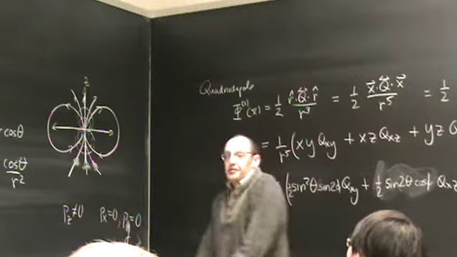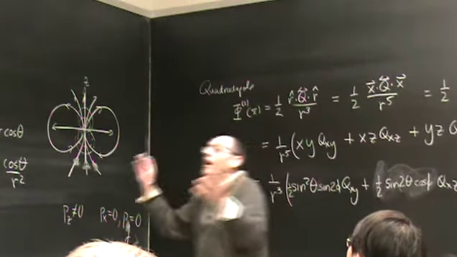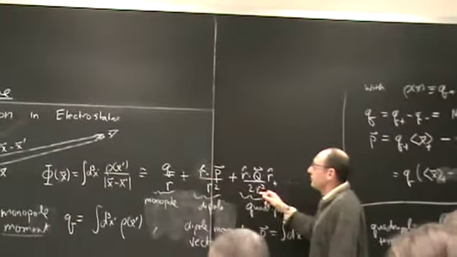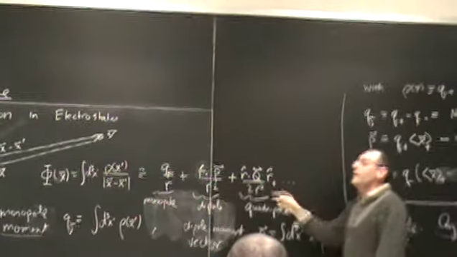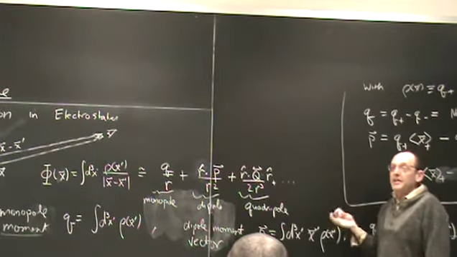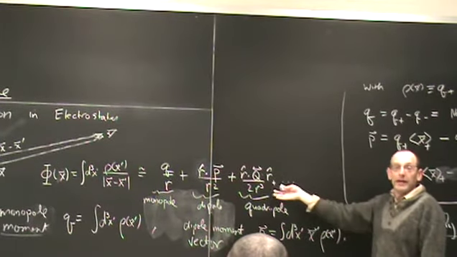Because of this expansion in terms of powers of 1 over r, the lowest non-vanishing moment dominates.